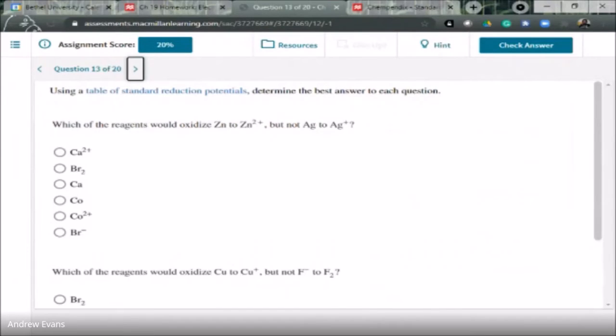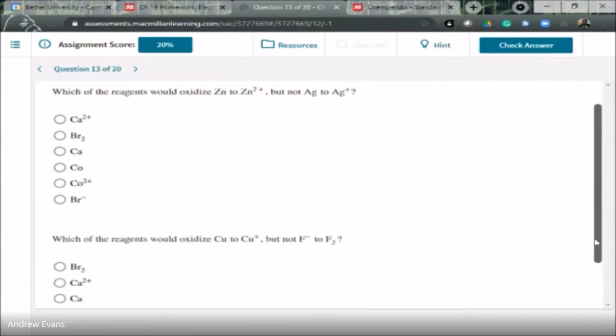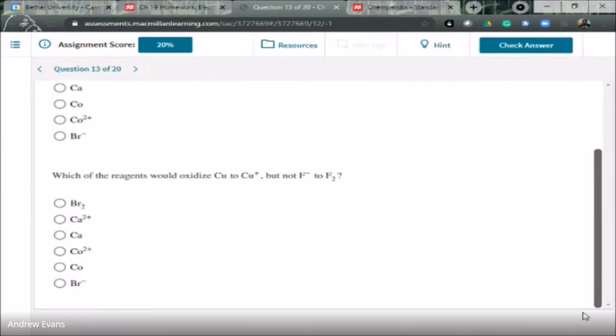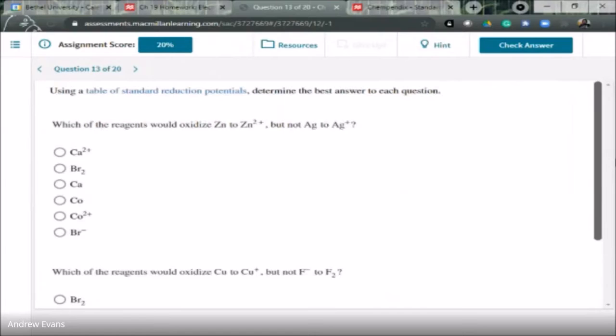Same thing here, going down: which of these reagents would oxidize copper but not fluorine? So it would be between copper and fluorine. So once again, note it's copper +1, not copper 2 plus. And so you'd look at that table and find that chart.